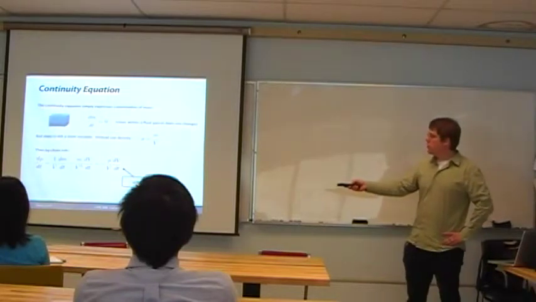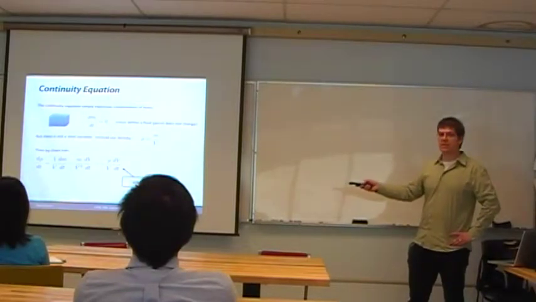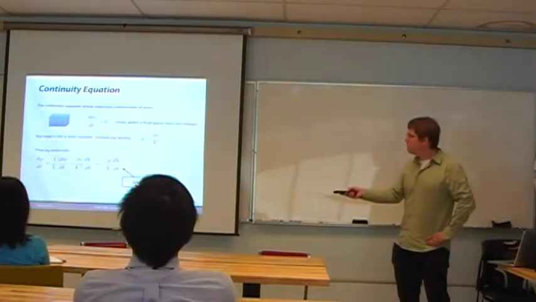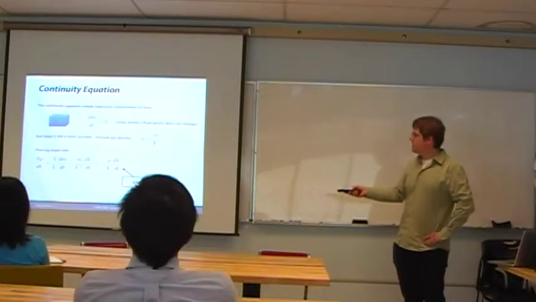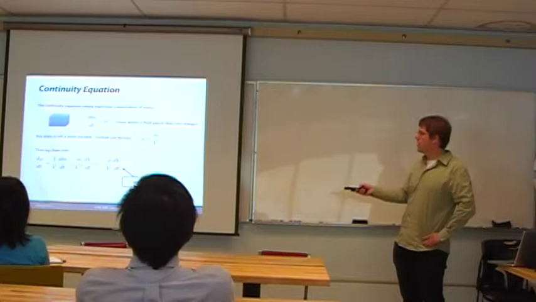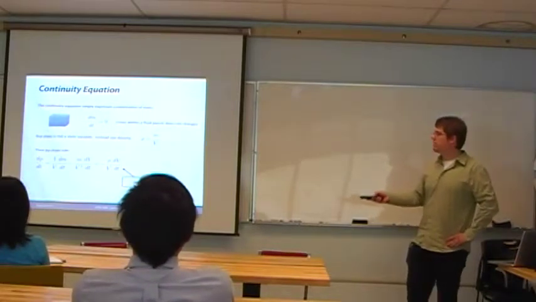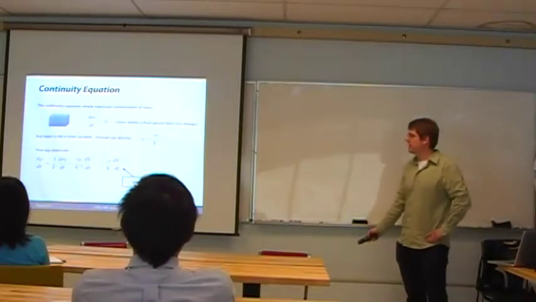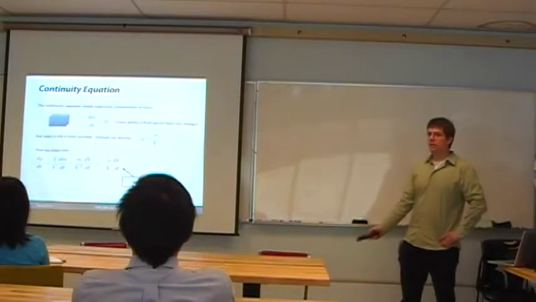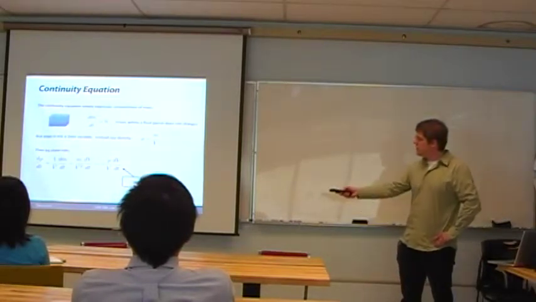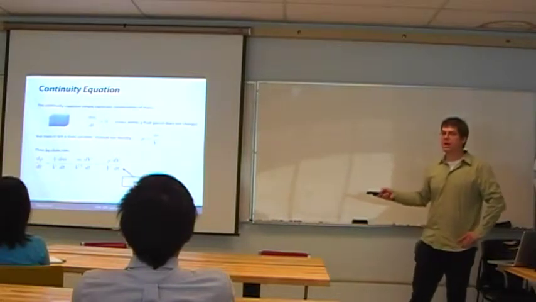So 1 over the volume times the change of mass with respect to time following the fluid parcel, minus mass divided by volume of the fluid parcel squared, times the change of the volume of the fluid parcel with respect to time. Okay? So in particular the first term, we know that it drops out by conservation of mass.